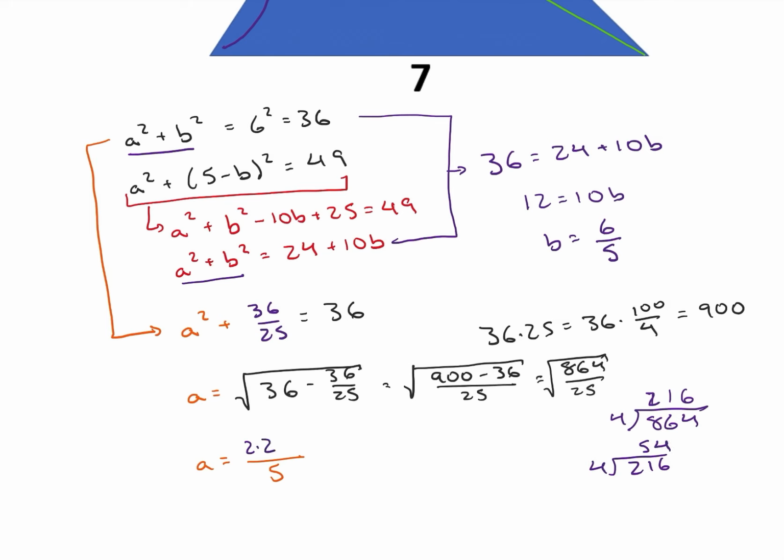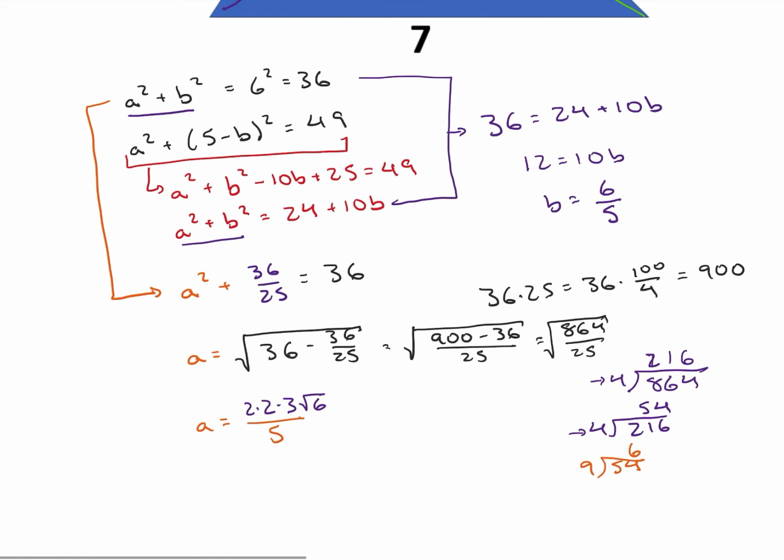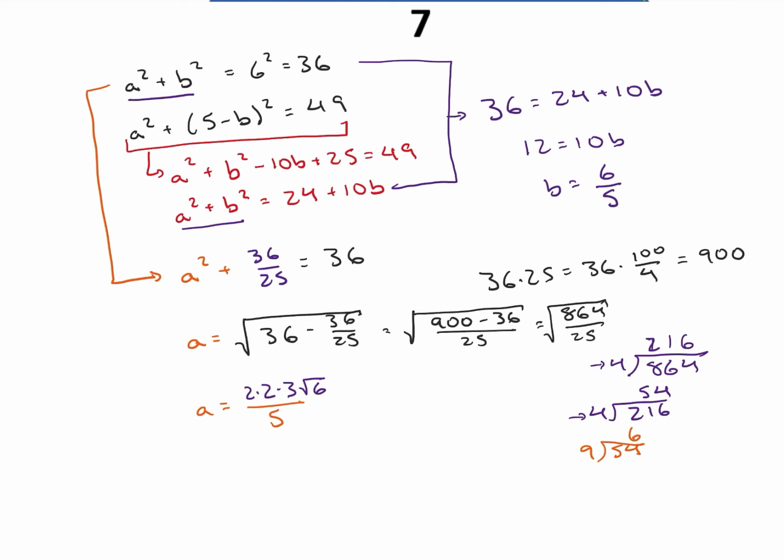So I can have another 2 here, because I divided out that 4, which is 2 squared, and I'm taking the square root of that 2 squared. I could take a 9 out, so 54 divided by 9 is going to be 6. So I'm going to have 2 times 2 times 3, and then 6 doesn't have a nice square inside it, so I'm going to have the square root of 6. So A is 2 times 2 times 3, square root of 6 over 5, which I can rewrite as 12 root 6 divided by 5.